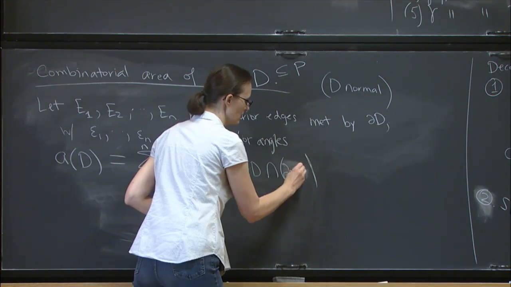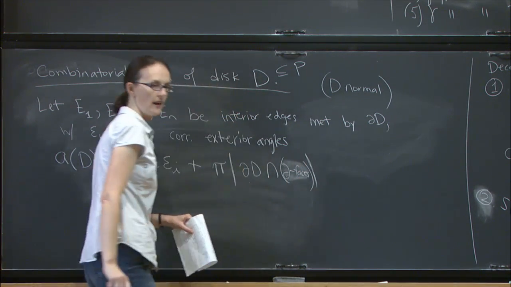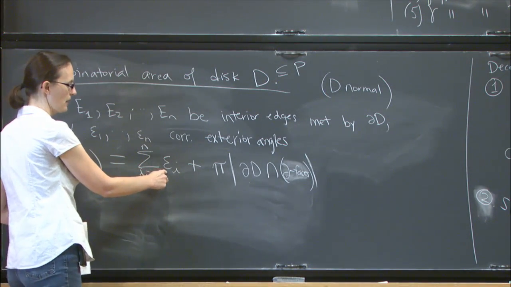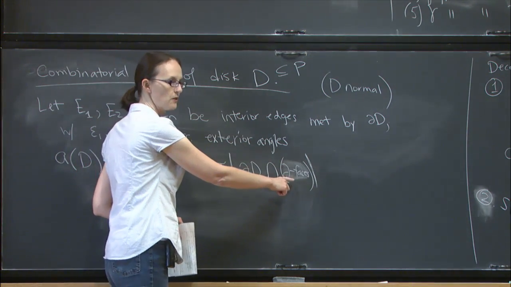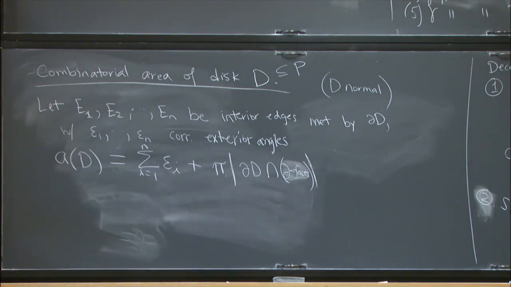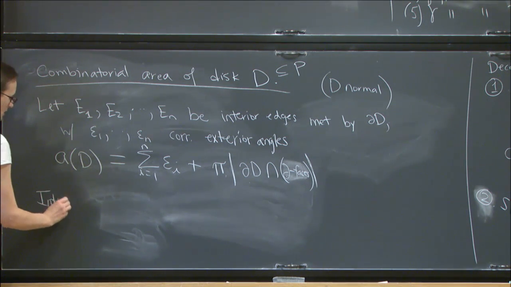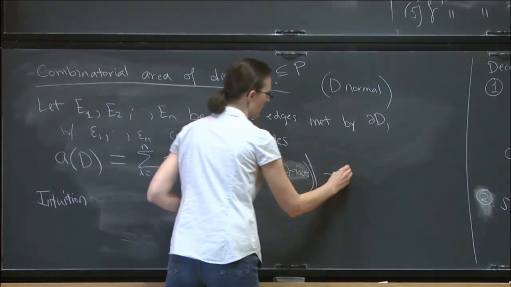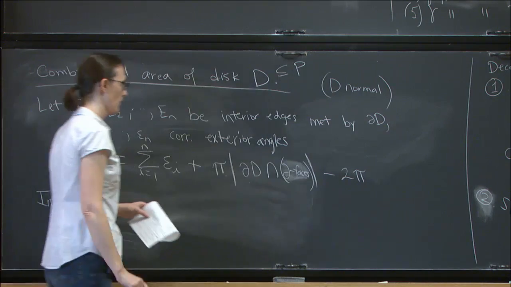Okay, so when you hit an interior edge, you pick up an angle. If you run into one of these boundary faces, then you're going to pick up area pi. And the intuition for this comes from hyperbolic geometry. So minus 2 pi, I'm sorry, minus 2 pi when you're done.